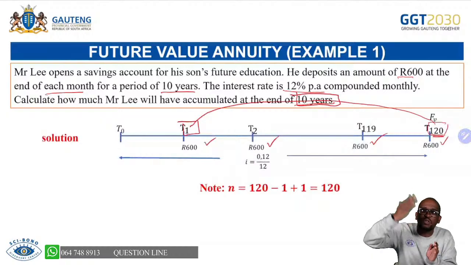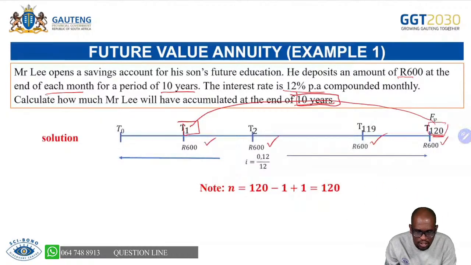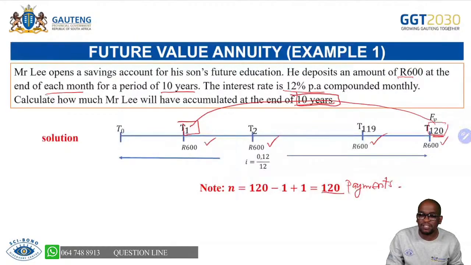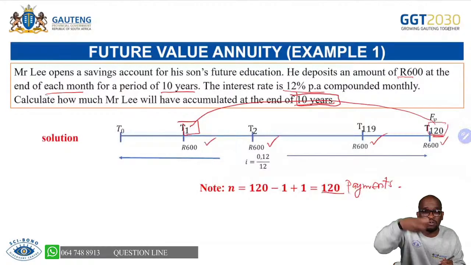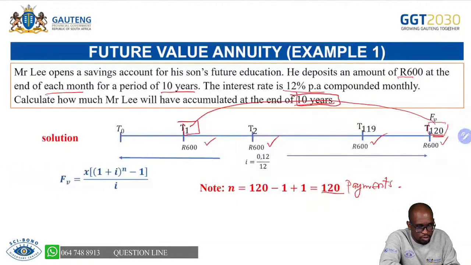Subtract the lower limit because we've been investing every month. 120 minus the lower limit 1 plus 1, because this one is also included. So we get that it's 120 payments. Not 120 investment periods, but payments that we make, because N represents the number of payments, all right?